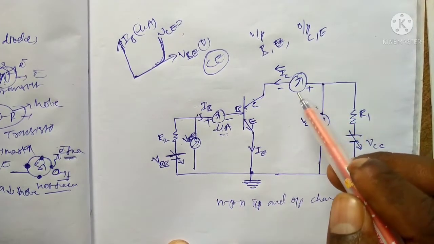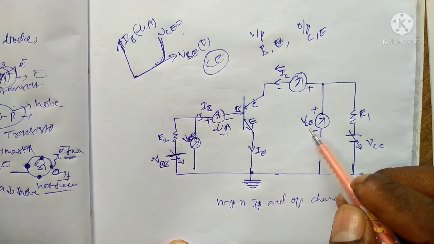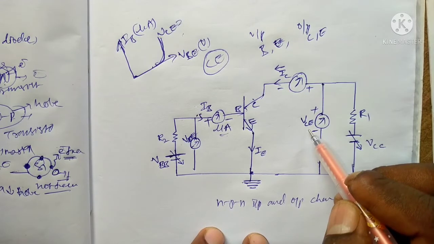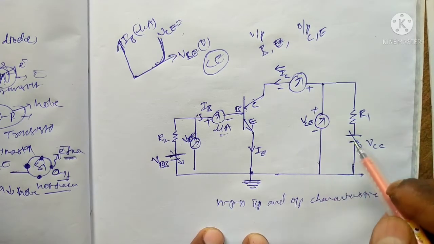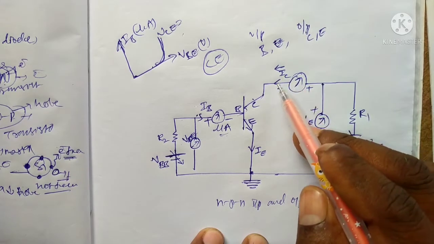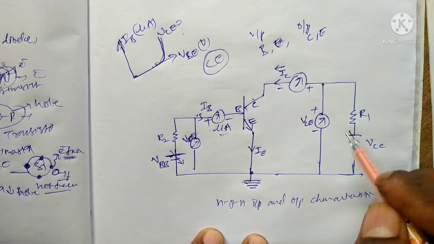In the case of output, we change the VCE voltage developed across the collector and emitter, and measure the collector current IC, the output current.